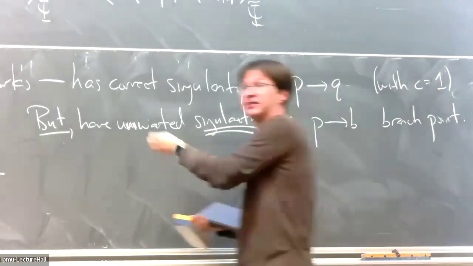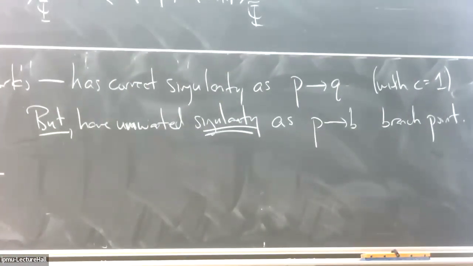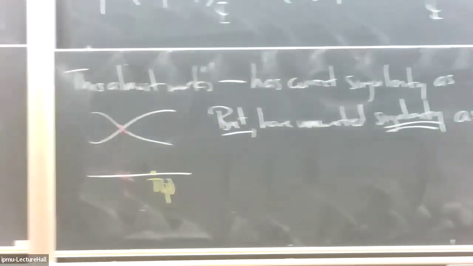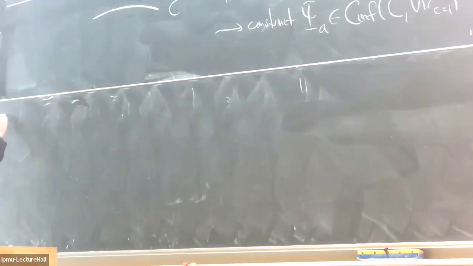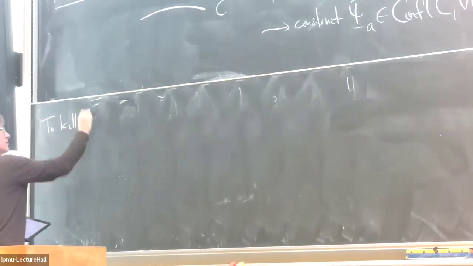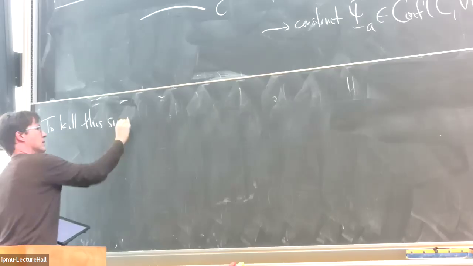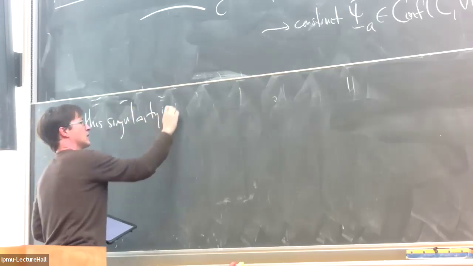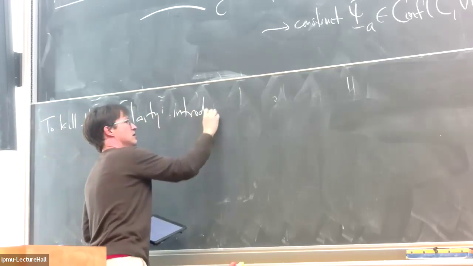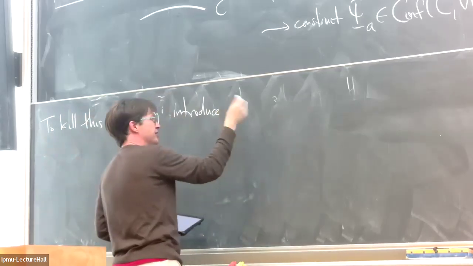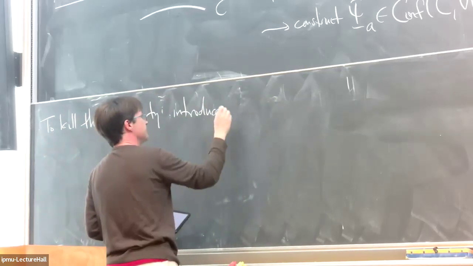So we need to somehow cure this singularity, and that's where the new ingredient in this story comes from. So I'll just write for you what the new ingredient is. To cure the singularity, we introduce actually the same gadget that you needed for the story of flat connections.